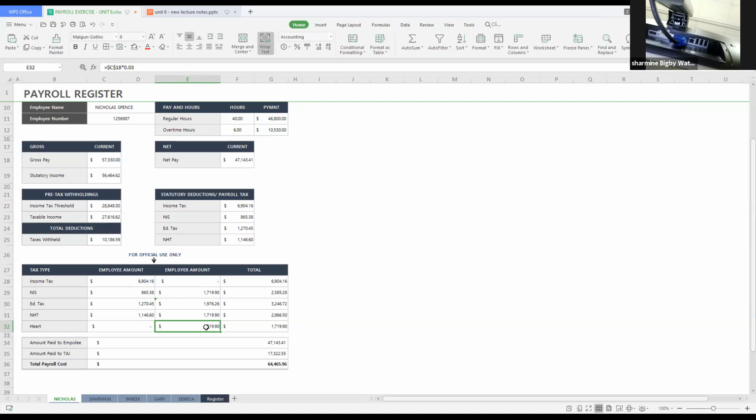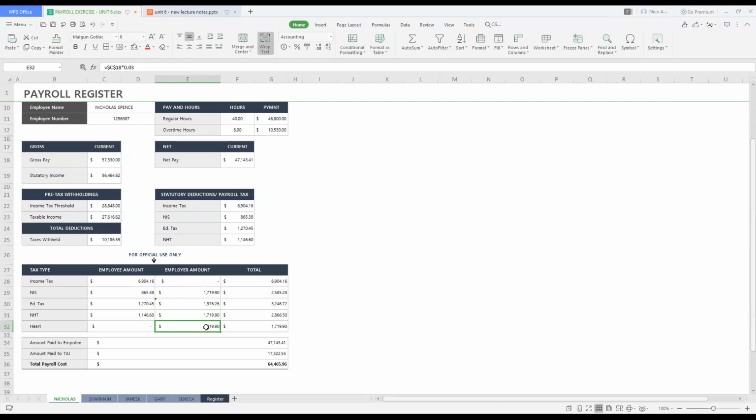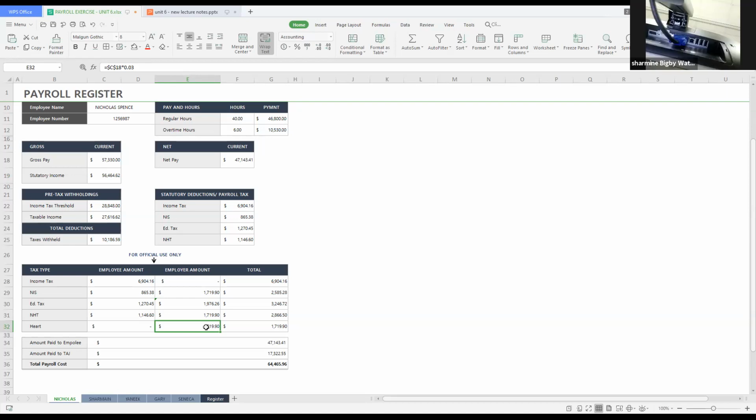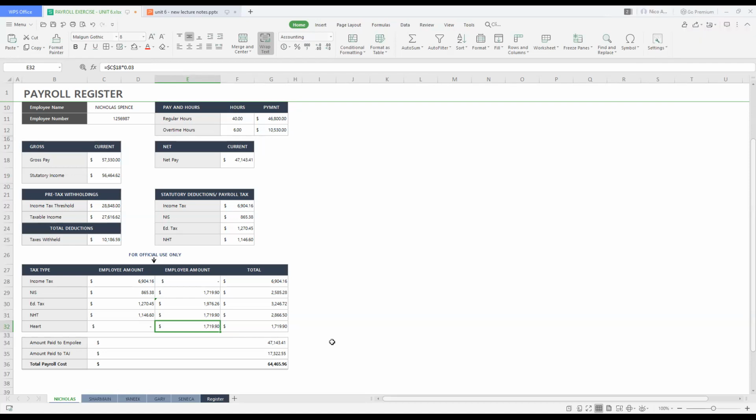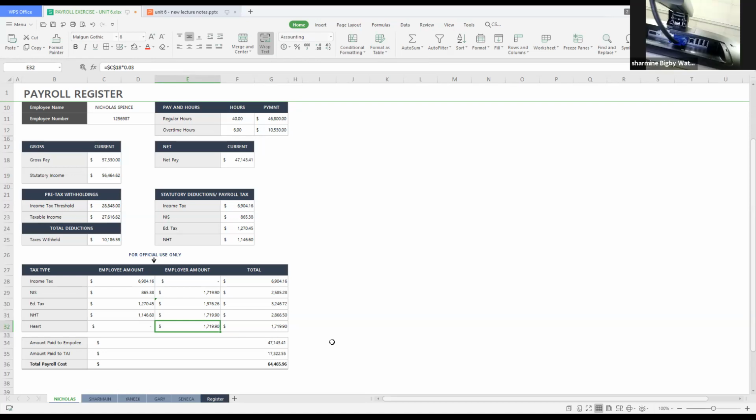So that is $1,270.45 for the education tax.